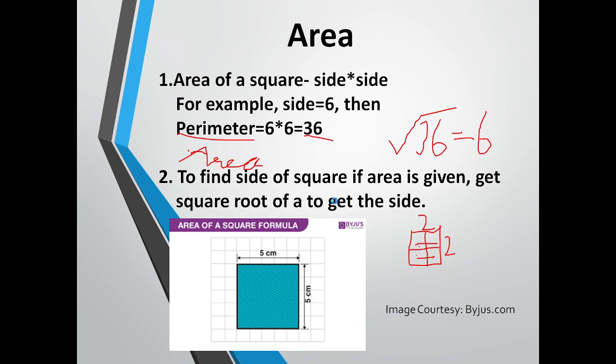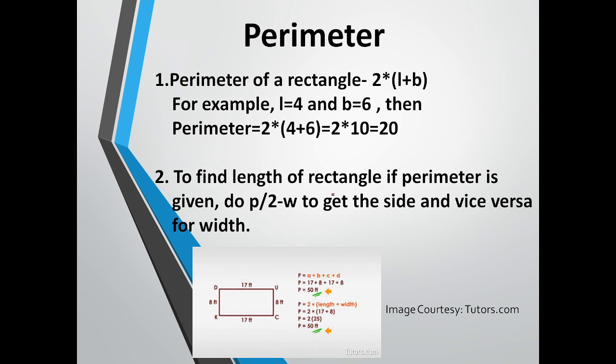And for the perimeter of a rectangle, I forgot to tell you the second point. To find the length of a rectangle, if the perimeter is given, do P by 2 minus w to get the length, and vice versa for width. Let's take this example only. Length was not given, only breadth was given.